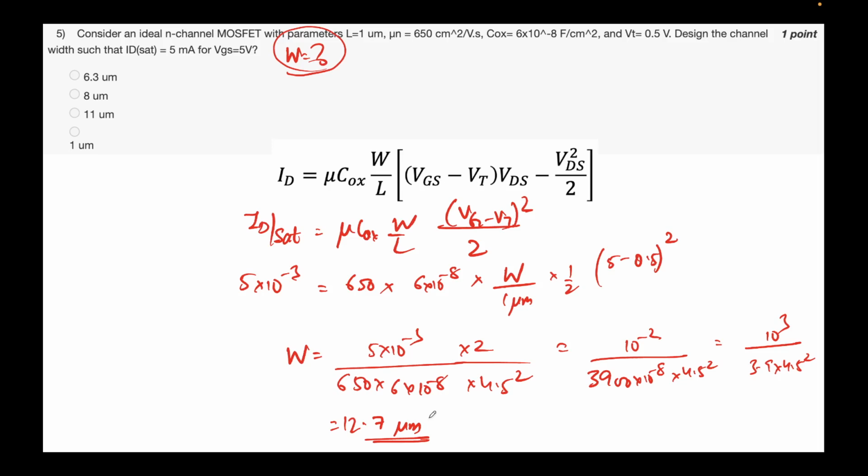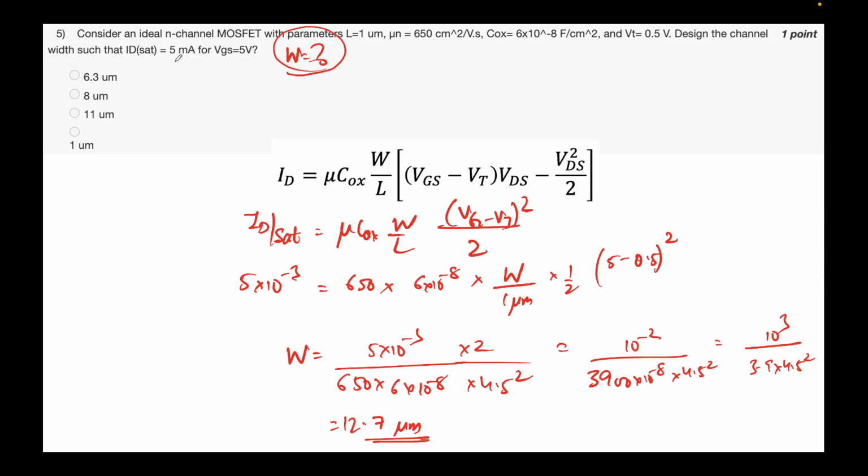Did I make some mistake? I think the answer might be wrong, because if you miss this factor of 2, then the answer comes out to be 6.3. I'll stick to my answer because I don't think I made a mistake.